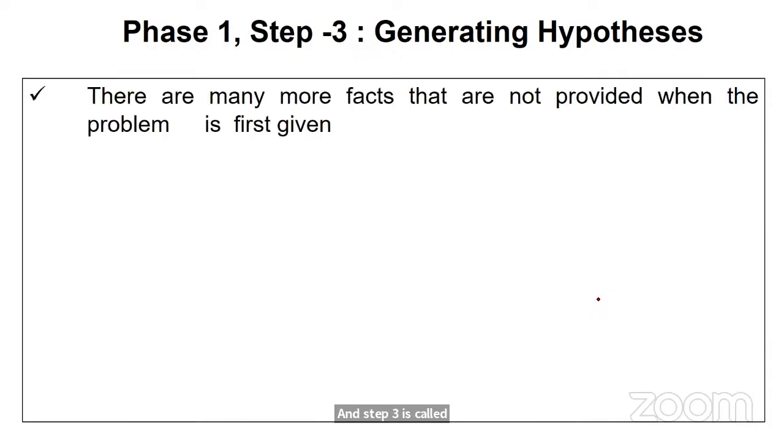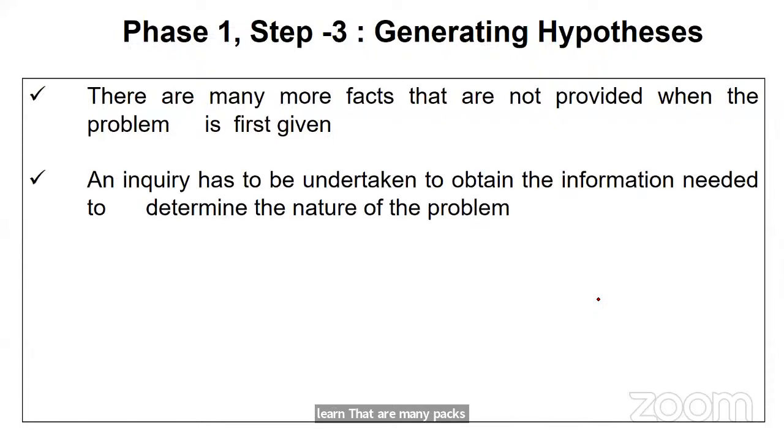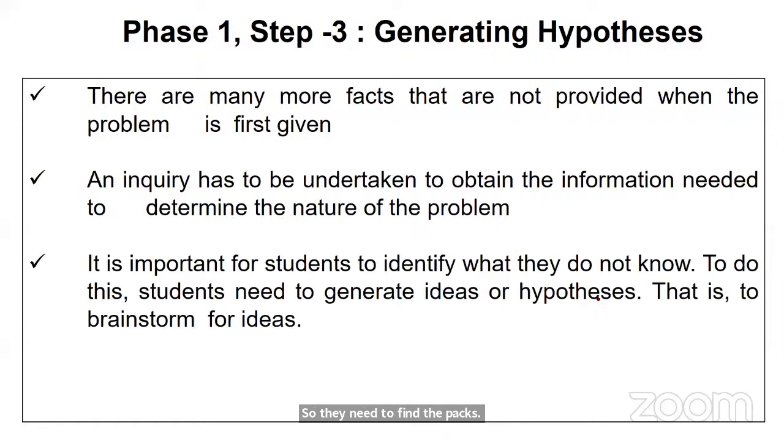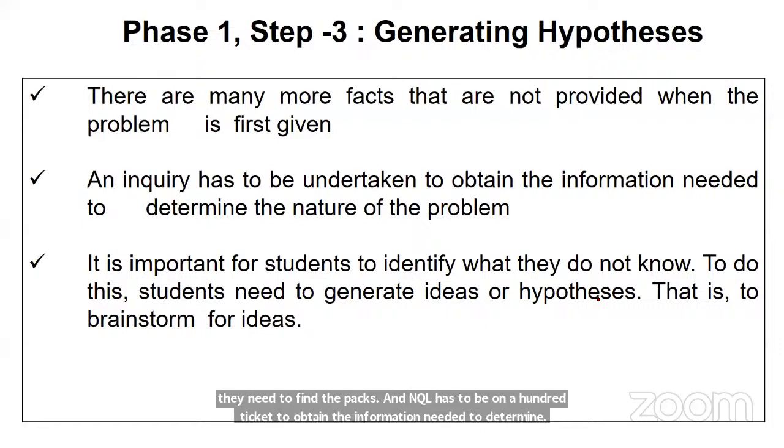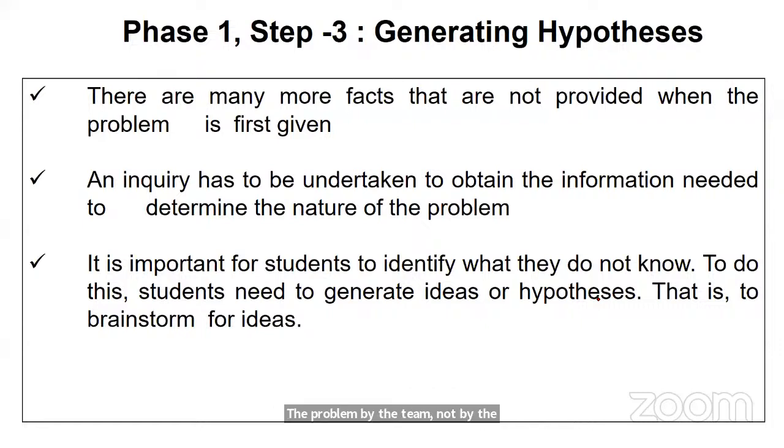So once they learn, there are many facts that are not provided when the problem is first given. So they need to find the facts. An inquiry has to be undertaken to obtain the information needed to determine the problem by the team, not by the individual. The team chair will segregate tasks to each of the members with devoted time.